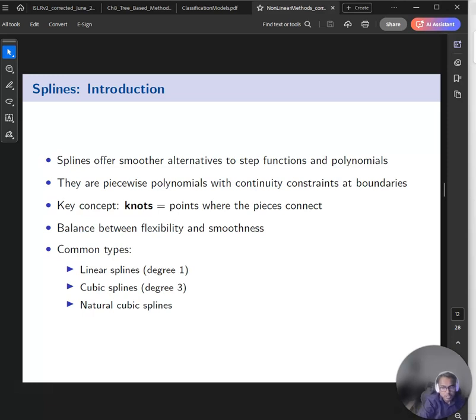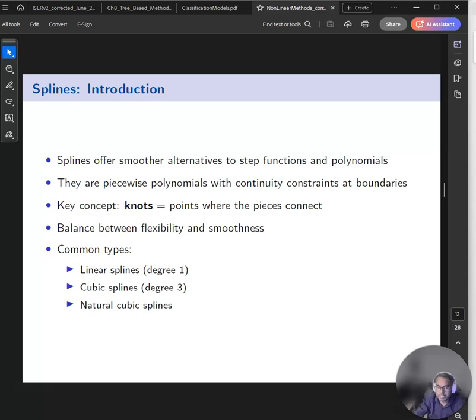Like step functions, they divide the predictor space into regions defined by knots, but instead of abrupt jumps, splines use polynomial segments within each region and ensure that these segments connect smoothly at the knots. This approach strikes an elegant balance between flexibility and smoothness. We can adapt to local patterns in different regions while maintaining a continuous function overall. This aligns much better with how most natural processes behave.